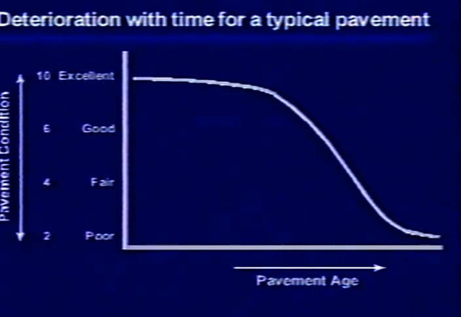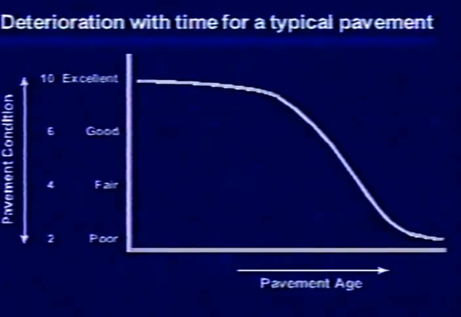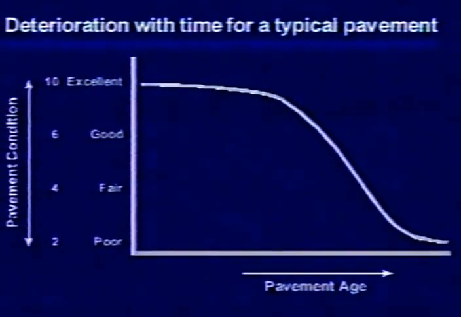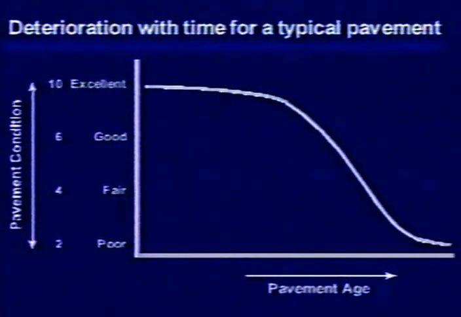The poorer the quality, or the more heavy traffic that we have on it, will accelerate the deterioration and shorten the overall life. But thinking about it in terms of the life of a pavement and determining where we are in the life, I think helps us better select our maintenance procedures.